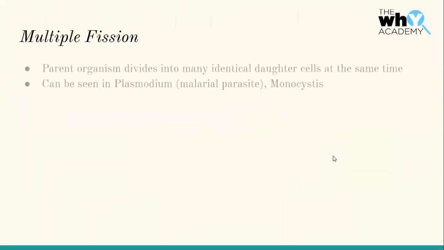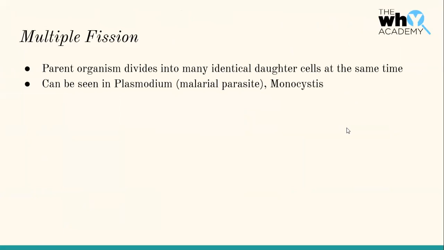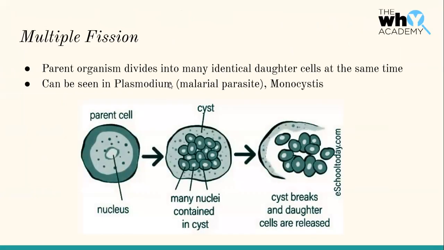Okay, and what is multiple fission? Multiple fission, you have the example of Plasmodium, which is the malarial parasite, right? It causes malaria. Okay. Multiple fission is when the parent organism divides into many identical daughter cells at the same time. I have a video of all this once we complete up to vegetative propagation. I'll show you the video.